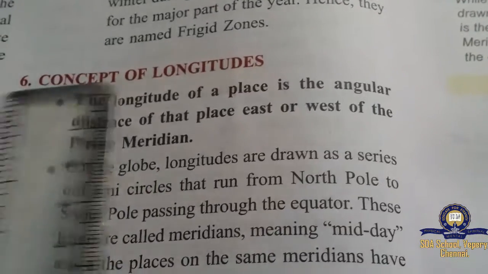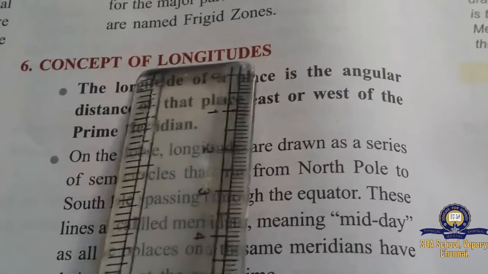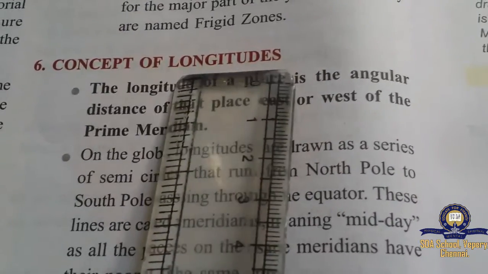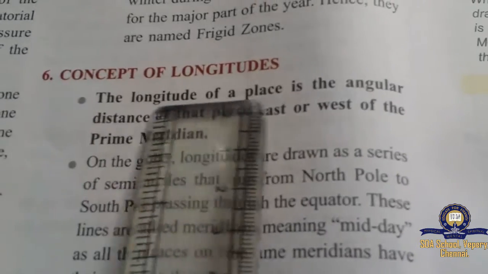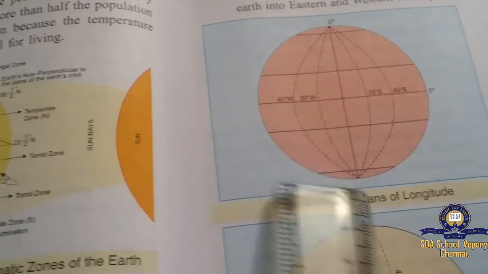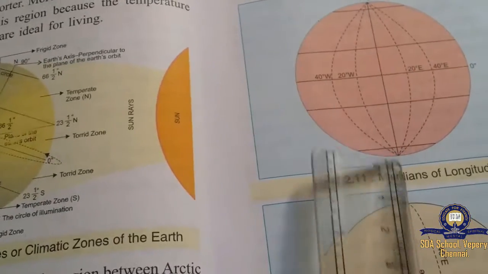Next we learn the concept of longitudes. The longitude of a place is the angular distance of the place east or west of the prime meridian. Already I told you, the middle line from North Pole to South Pole, the vertical line, we call this prime meridian.